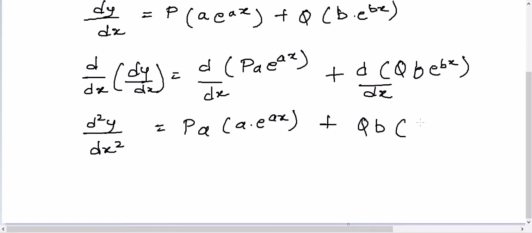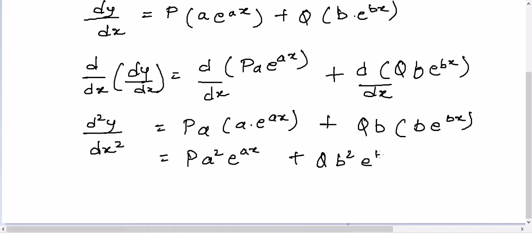The differentiation of e to the power bx is b into e to the power bx, right? Good. So this becomes p a square e to the power ax plus q b square e to the power bx.